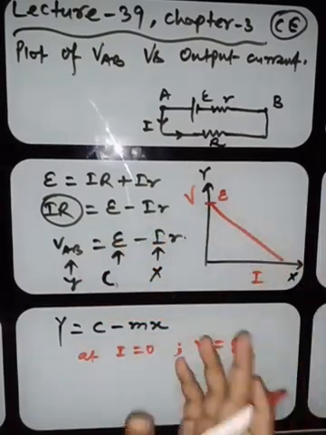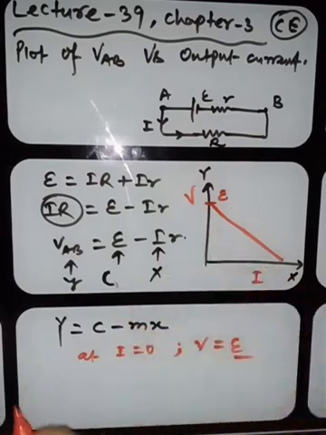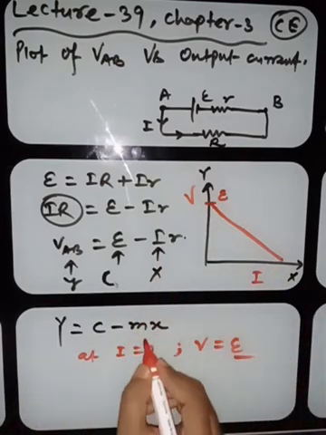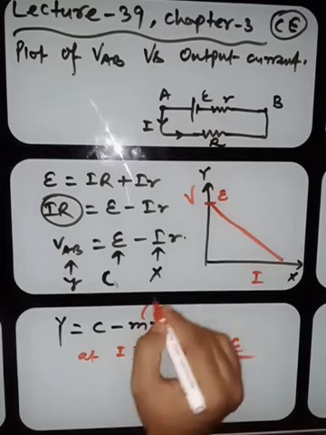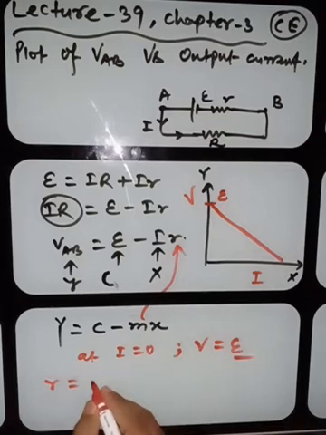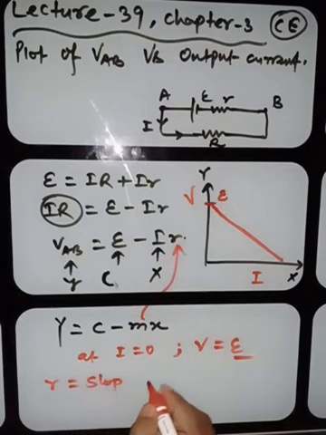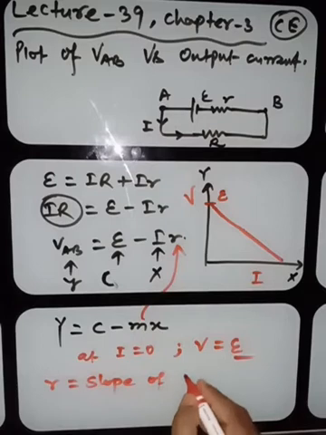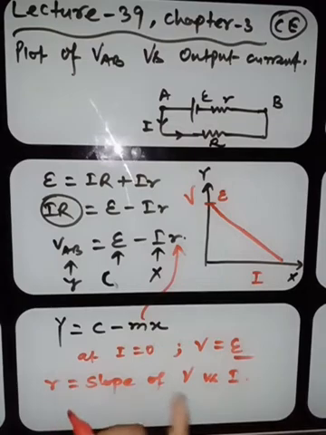Now, about the internal resistance, you can see over here this m is nothing but r. It means r is the slope. Internal resistance can be obtained from the slope of V versus I. But remember, this r will be the equivalent r.